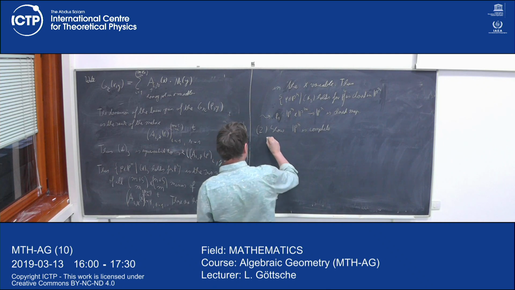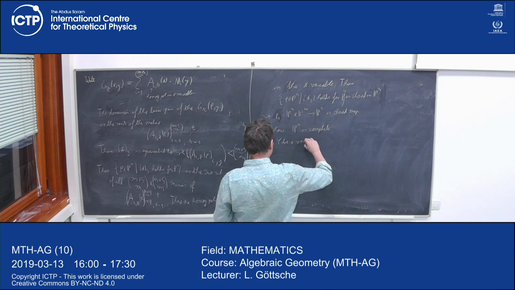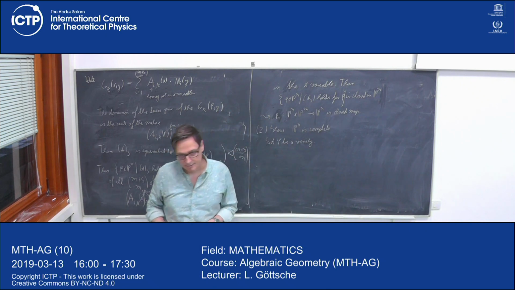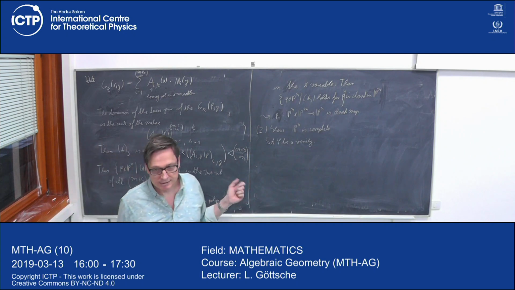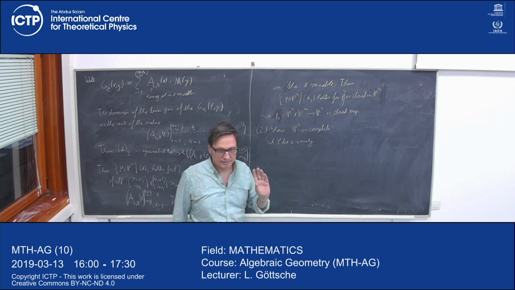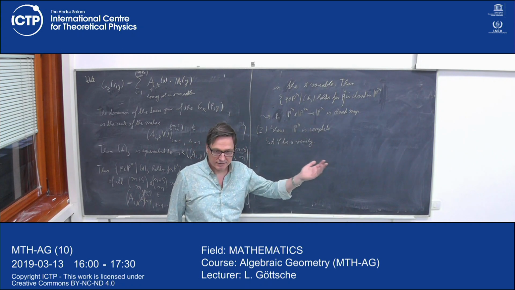So let Y be a variety. So Y could be a subvariety of affine space, or it could be a subvariety of projective space. But if it's a subvariety of affine space, I can embed it into projective space, because affine space lies in projective space.